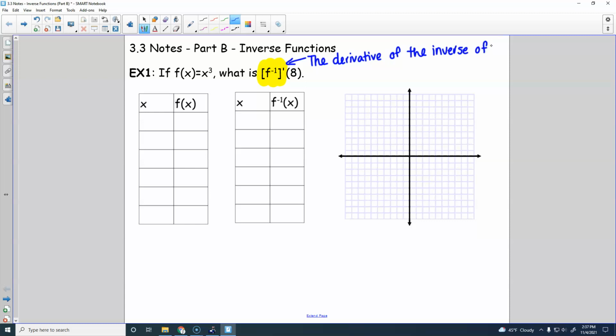I don't like the notation, but it's pretty much what you've got to have. You've got f inverse, and then they put brackets around it, and you put this little tick mark outside of it, mostly just so the negative 1 and the prime mark don't run together, because you're doing f inverse prime.